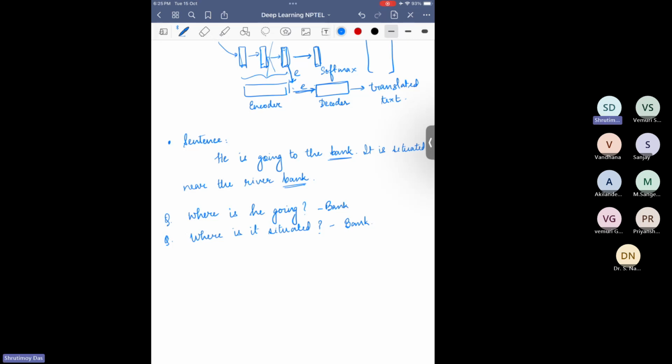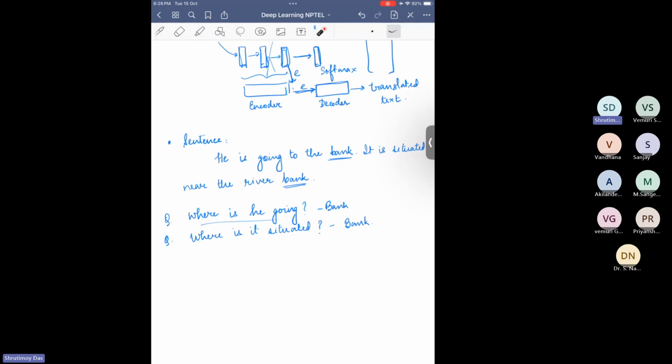When I said "where is he going?", this information is not really important to you. You just feed it to the network, and it will say, okay, you are looking at going in the context of going, and the where answer is given by this bank. But when I said "where is it situated?", in the context of the word situated, the answer is bank.